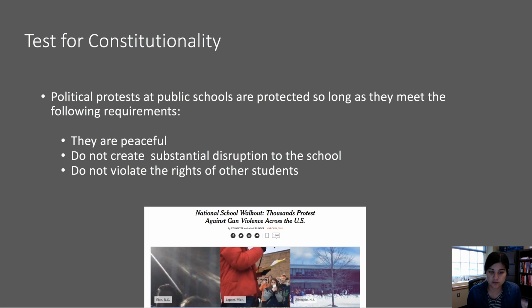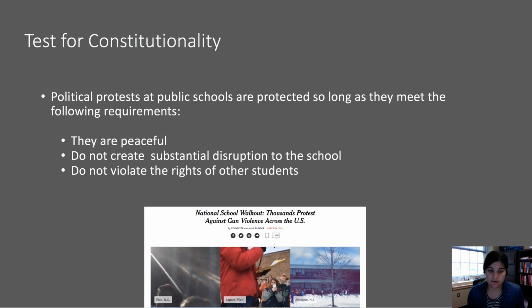So assuming that the protests themselves are peaceful, they do not create a substantial disruption to the school, and they do not violate the rights of other students, then in general, that particular speech cannot be infringed upon by that school. We've seen over the last few years several walkouts in schools across the country, whether it's for gun violence or the environment.